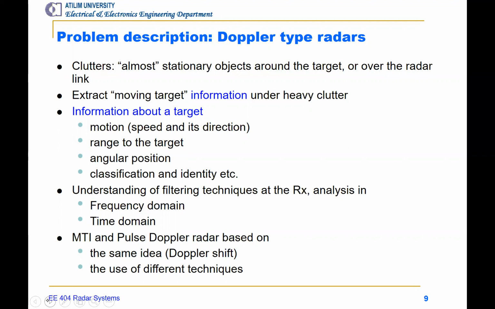Sometimes clutter is considered in the radar receiver design as part of noise, let's say. Sometimes it's not. There may not be a common convention on that. But when we say clutter, simply, it is an object from which we do not want to receive echo signals.